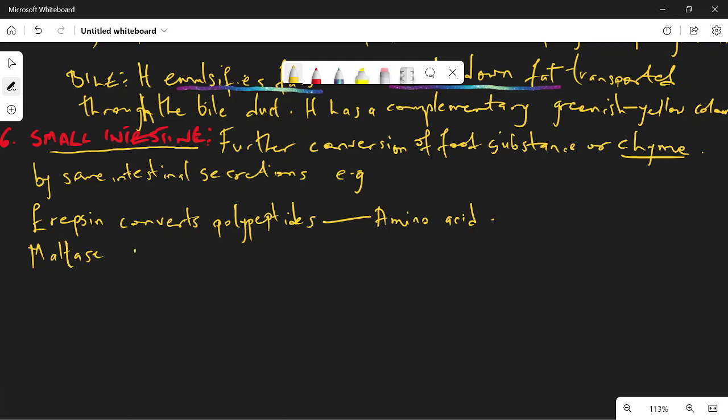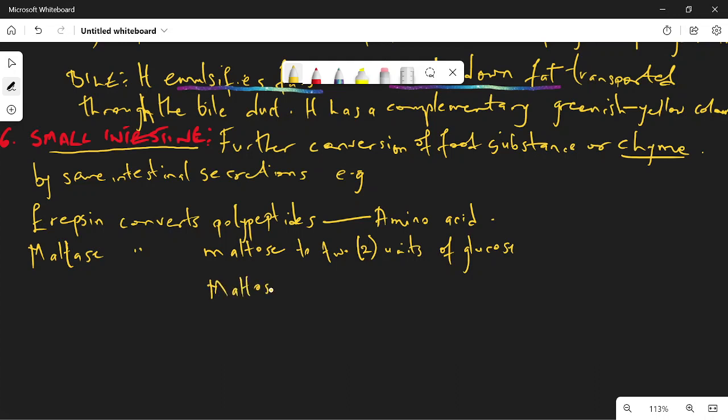Maltase, which converts maltose to 2 glucose, or 2 units of glucose. This is the enzymatic reaction here.